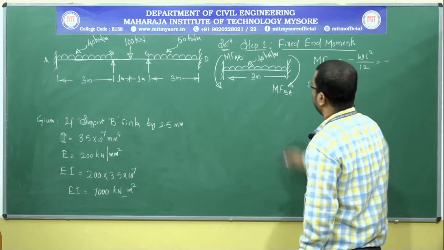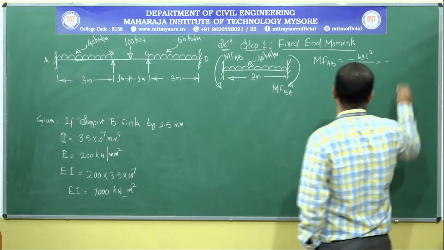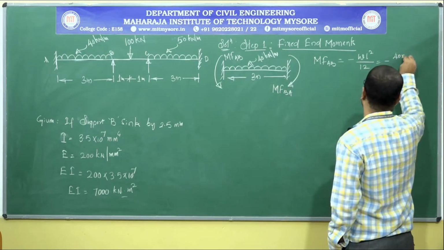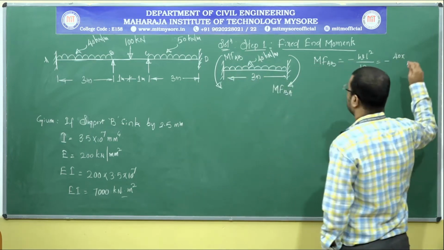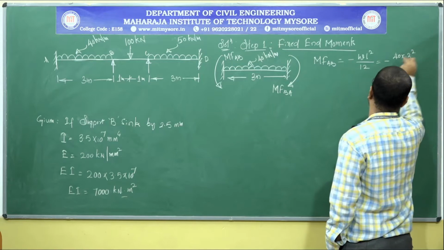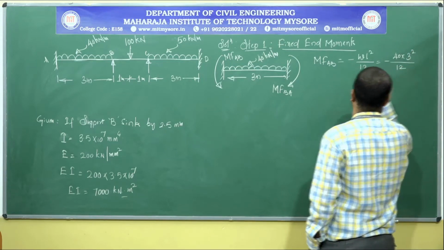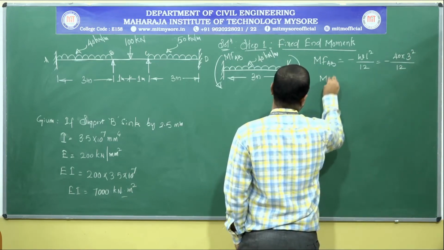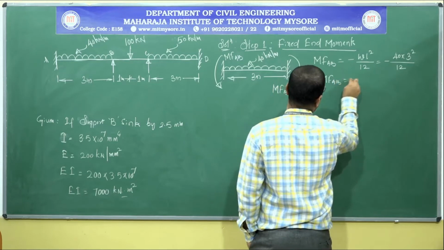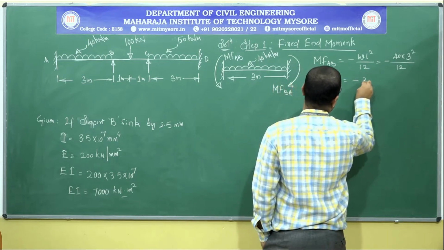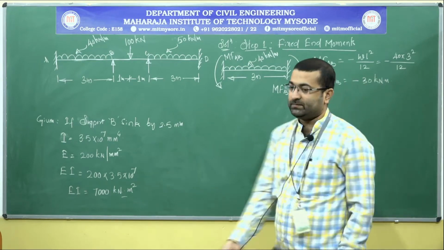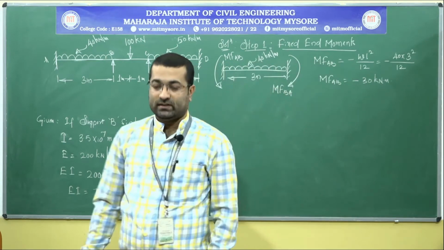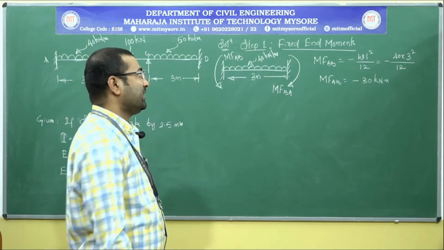So minus W, that is the load on the span, 40 kilonewton per meter, into span of the AB is 3, so 3 square divided by 12. So MF AB yields to minus 30 kilonewton meter.